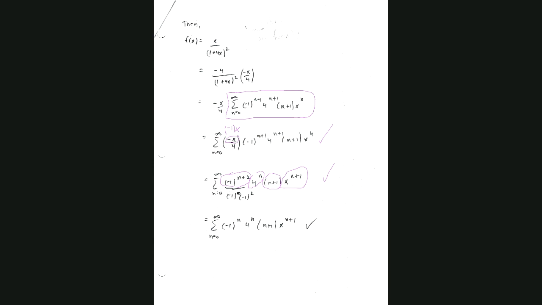All right, so this is a perfectly acceptable answer, but maybe like in WebAssign, when you're working on your homework, maybe you don't see this particular answer there. Maybe you see this answer. So this answer looks exactly the same. This last power series looks exactly the same as the previous power series.